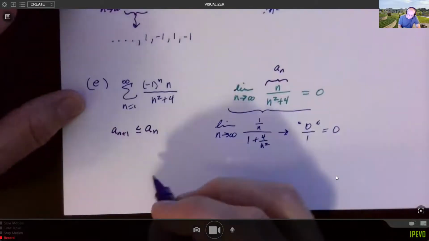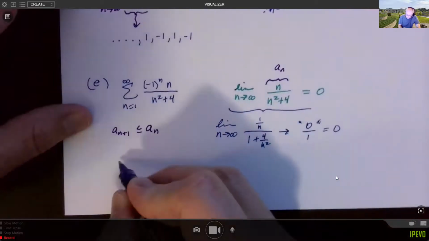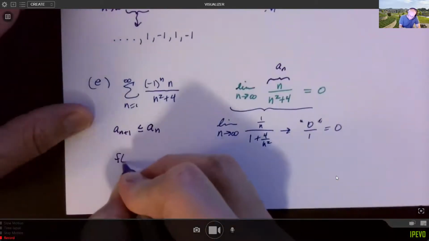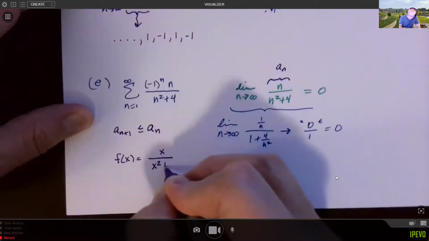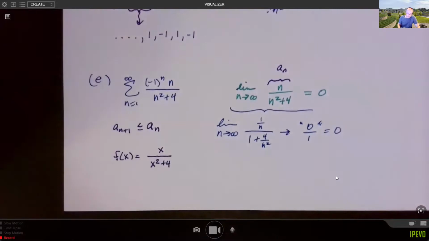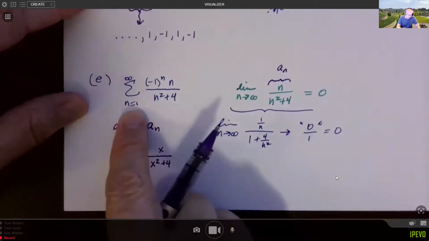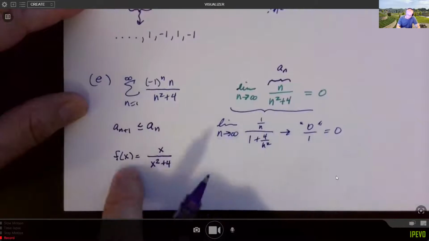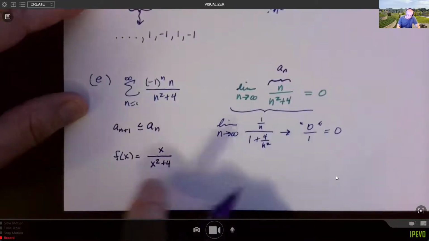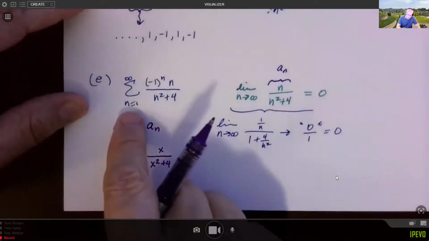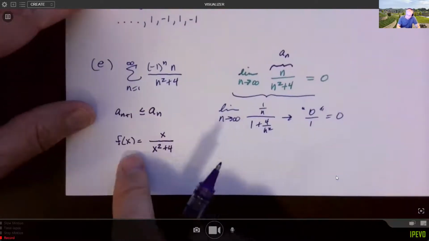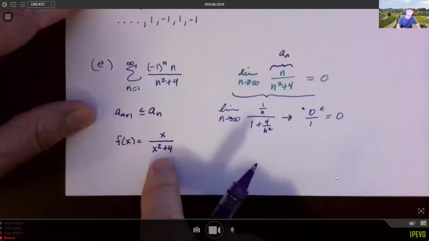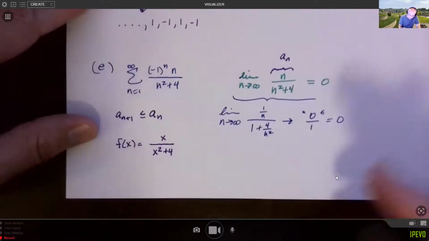One way we can do it is to show that the function is decreasing. It doesn't have to be decreasing for all values of x. I'm doing x here instead of n. I could just do it in terms of n, but it just has to be for some point after 1. This starts at n equals 1 to infinity, but some point of this function has to be decreasing.